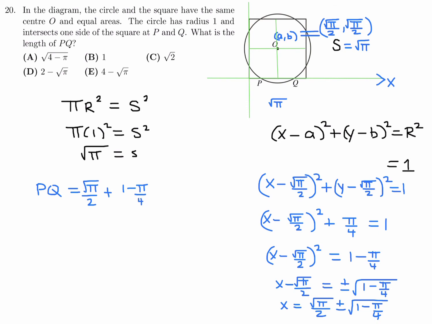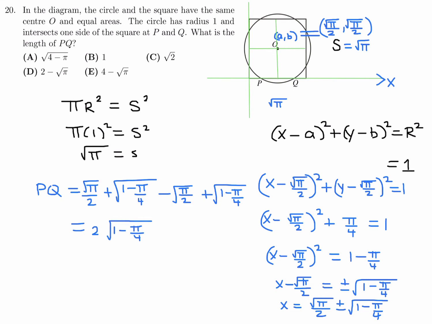And you subtract from that the smaller one, which would be root pi over 2 minus the square root of 1 minus pi over 4. But if you're subtracting a minus, it becomes a plus. And then these guys cancel, this one and this one. So you're just left with 2 times the square root of 1 minus pi over 4. And this is the answer.